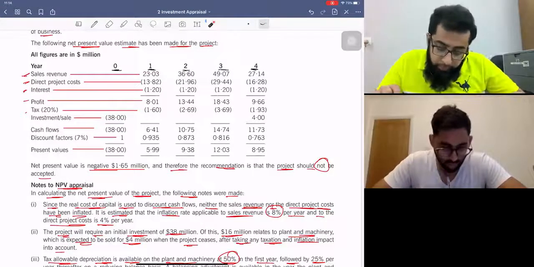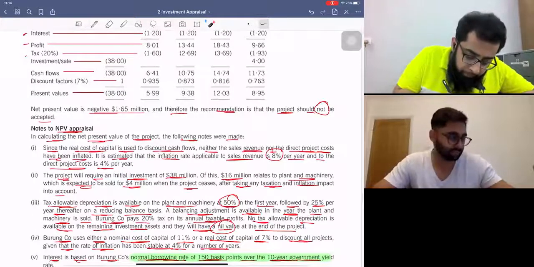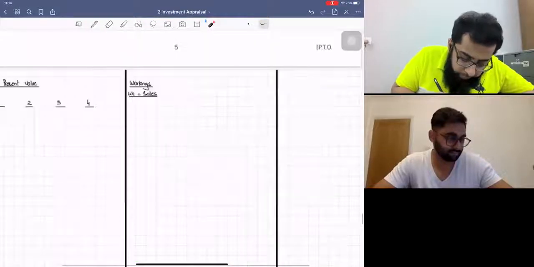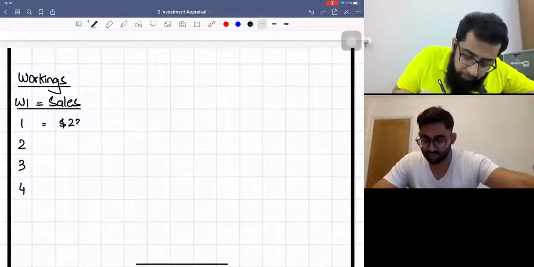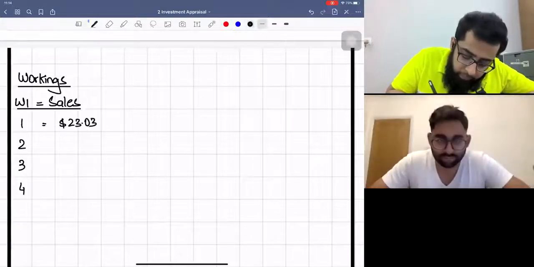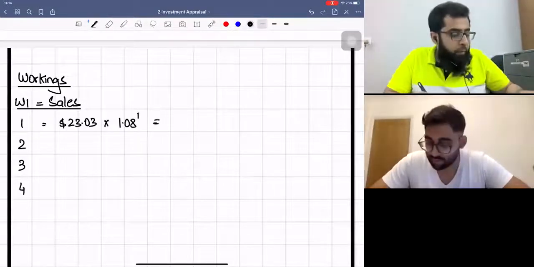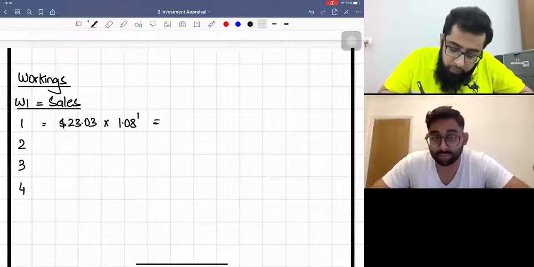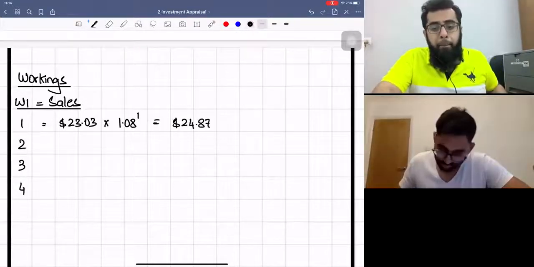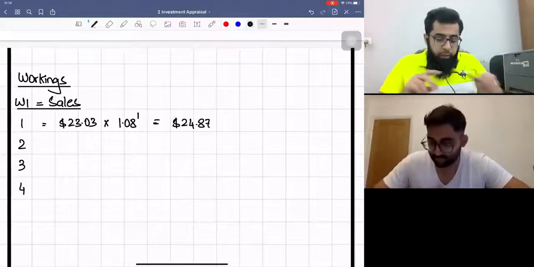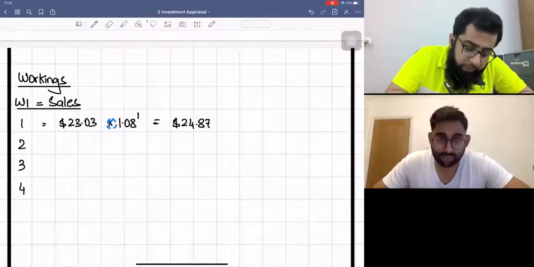So let's look at it. Year 1, year 2, year 3, and year 4. 23.03 million times 1.08 to the power 1 is 24.87.